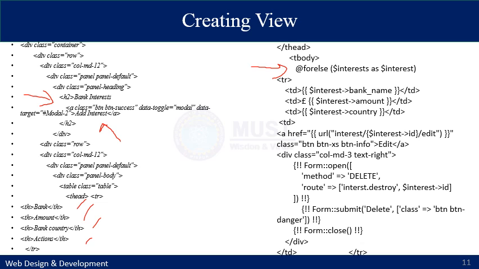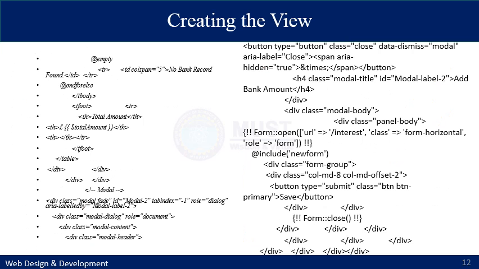For example, in this case we have sent a collection of interests from the controller to the view, so we can loop these interests, and for each interest we display the name of the bank, amount, and country, and then we list options so that you can delete this record, or you can edit this record. And finally, you display the total amount in the final column, the footer of the table.